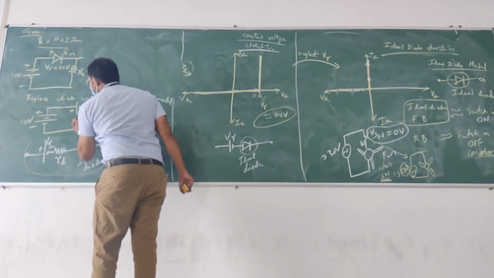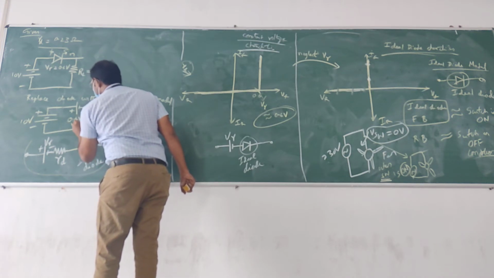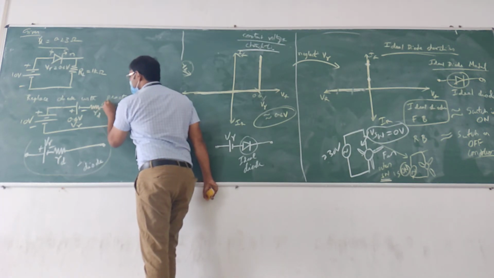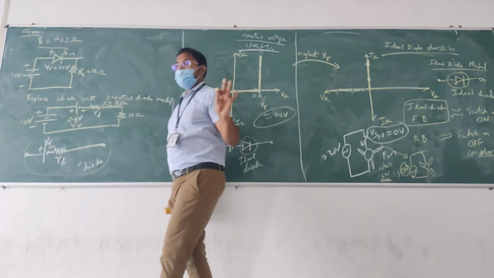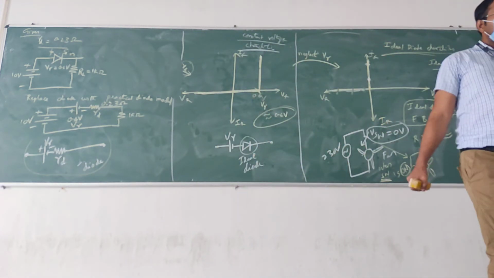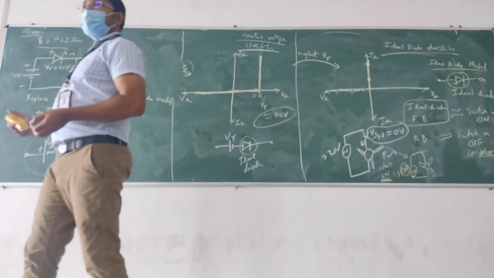I will write here 0.6 volt, this is V gamma. What is this value? 0.23 ohm, again given in the question. What are they asking to find? Read the question carefully.